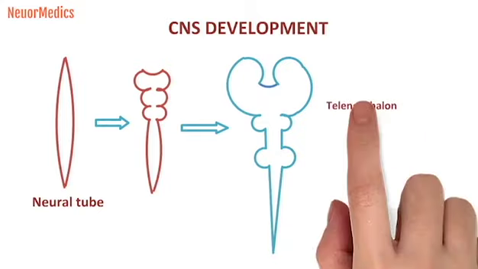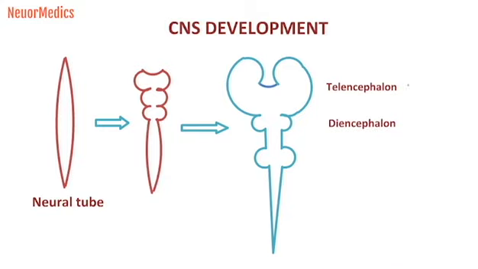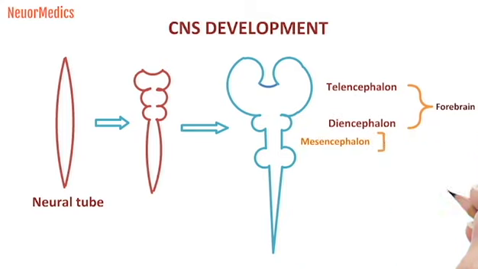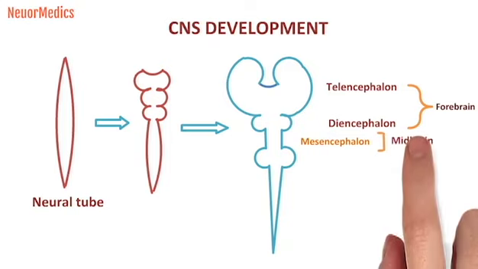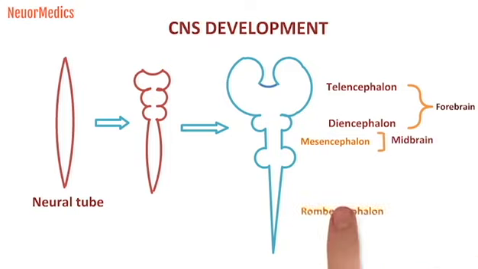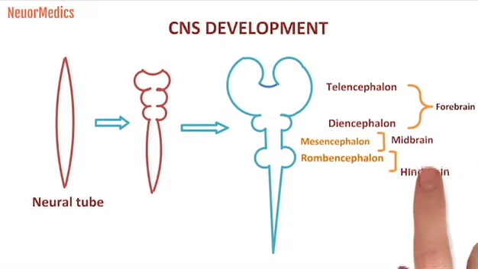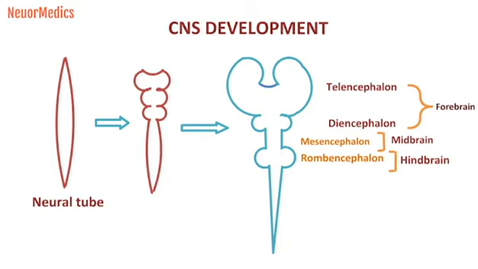The first swelling further develops into two parts. The outer and larger part is known as the telencephalon and the lower and inner part is known as the diencephalon, and these two are collectively known as the forebrain. And the middle swelling remains as a single entity known as the midbrain, and the other name of midbrain is mesencephalon.